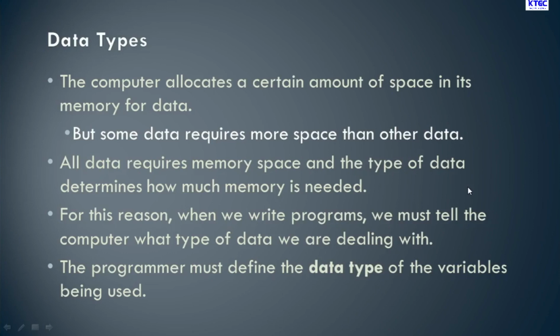If the data you're going to take from the user is a string, a boolean, a float, an integer, or a character, let the computer know and prepare a memory location for your variable. So the program must define the data types of the variables being used. So when you declare a variable and you want to accept the data into that variable, you should what?